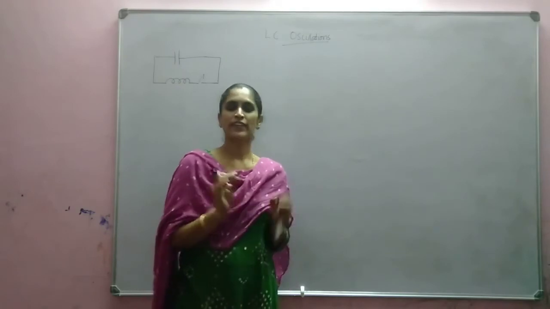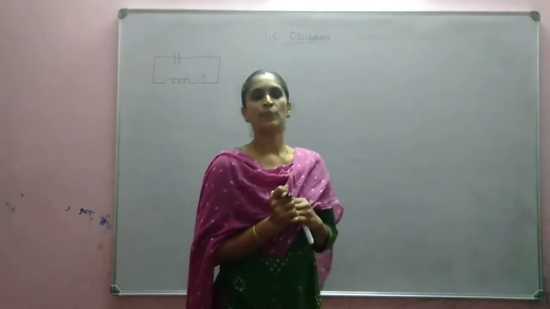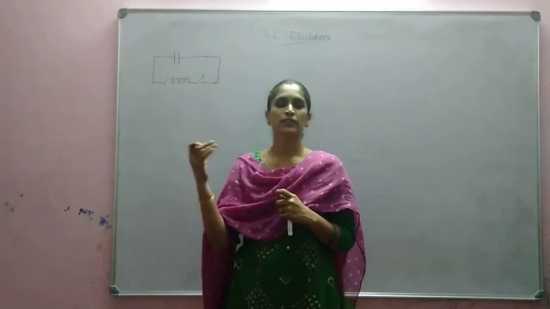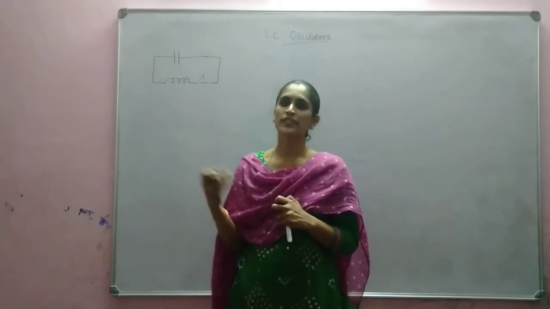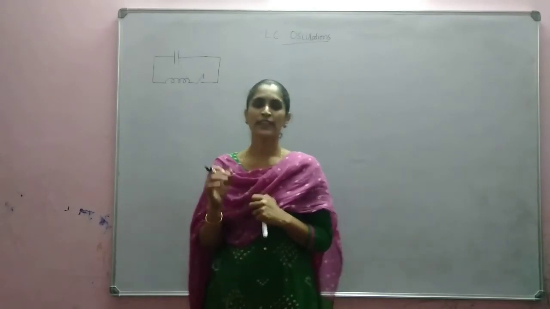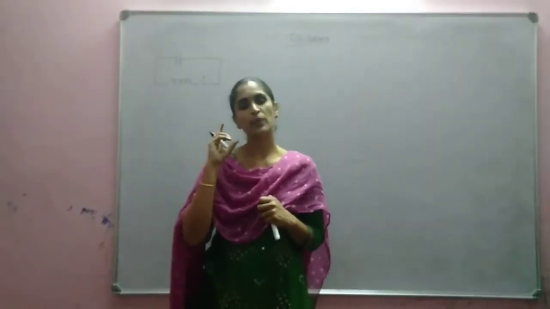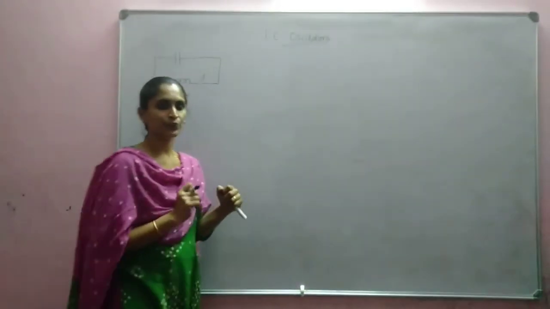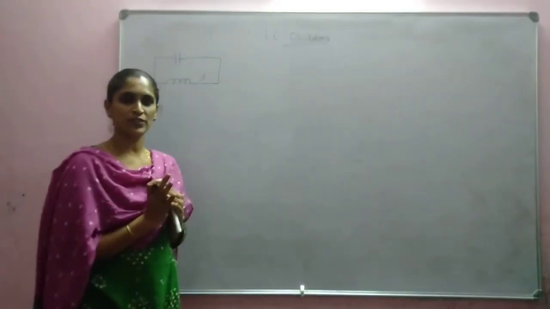So here we can get an expression for the value of charge and the expression for the frequency of those oscillations produced. All those we can get. Only one thing is that you have to correlate it with simple harmonic motion, which you studied in 11th standard. Here undamped oscillations will be there.